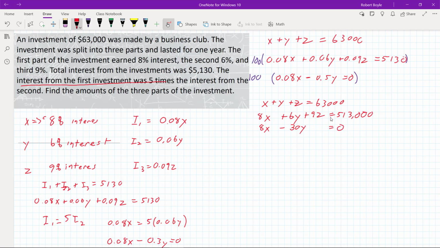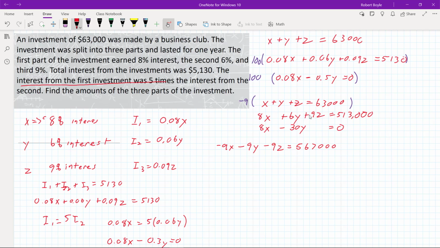Okay, so what we probably want to do is to combine these two equations to eliminate z. And what we can do is multiply the top equation by -9. And that will give me -9x minus 9y minus 9z is equal to -567,000.